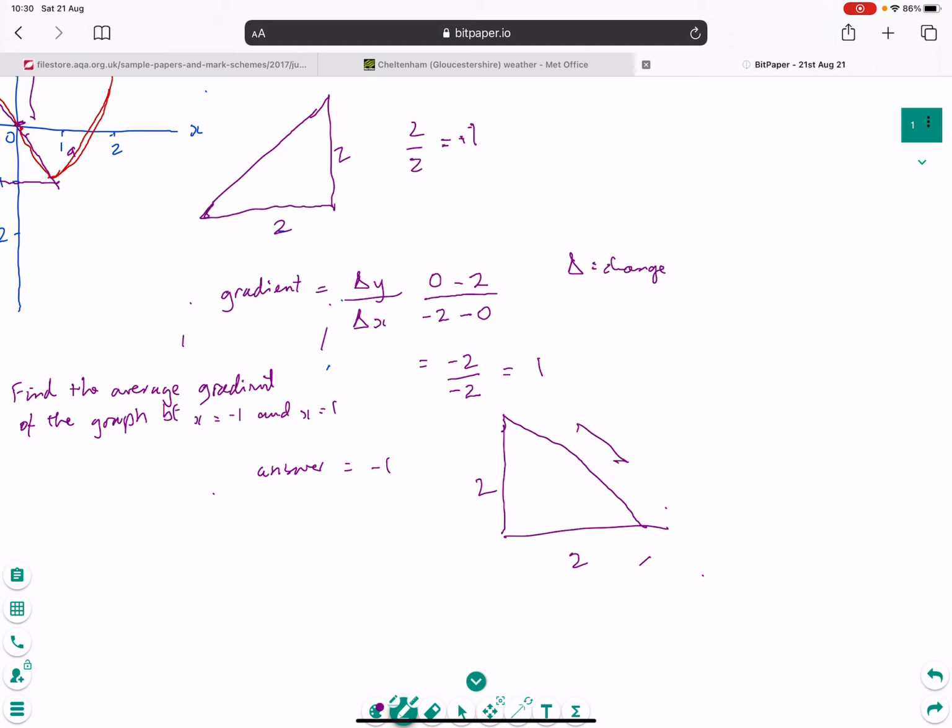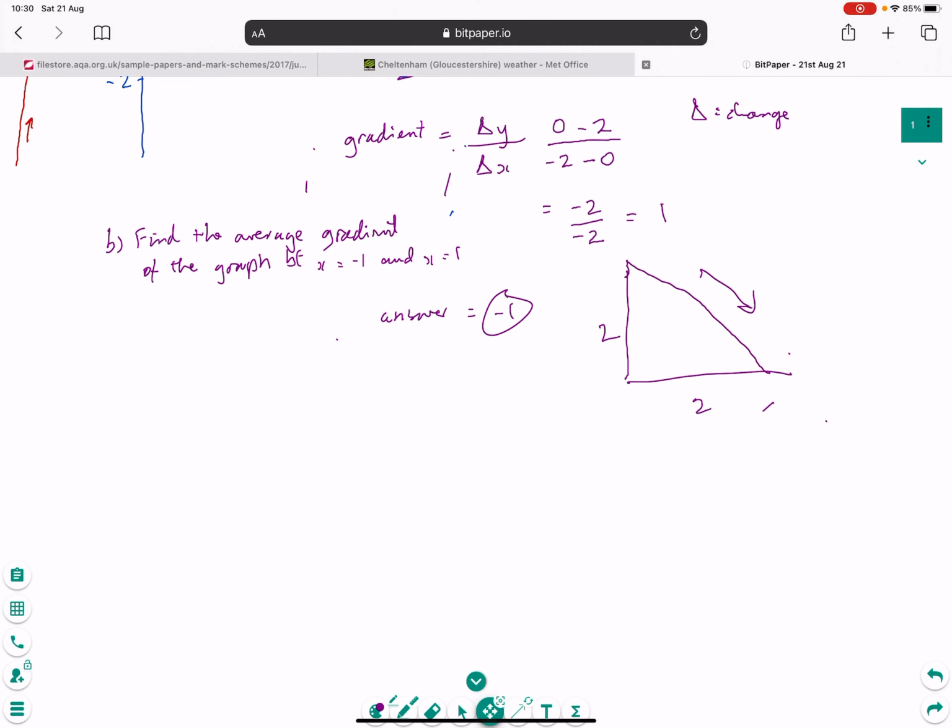But we're going downhill rather than, as we did before, uphill. So it should be minus 1. But in an exam, you'll want to write it in the standard form. So gradient, sorry about this, messy, is the change in y over the change in x.